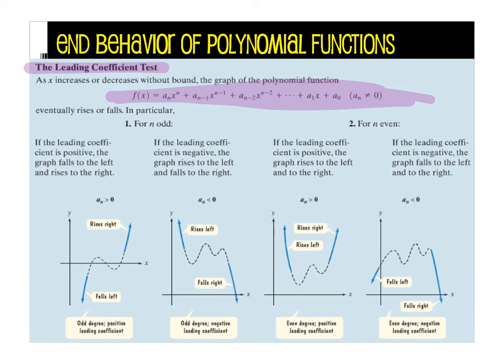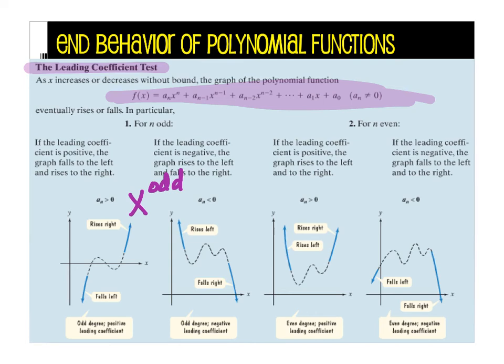And if the exponent on that term is odd, then one of my arrows is pointing up and one of them is pointing down. Think about the cubic function, right? One goes up and one goes down. So if the highest exponent is odd, one goes up, one goes down. And then to figure out which one is which, I look at the term on the front of that variable.